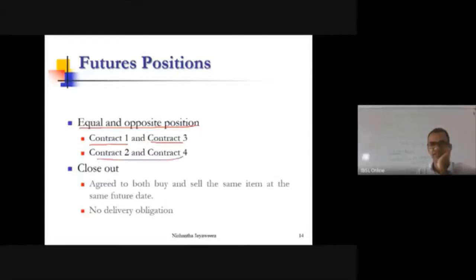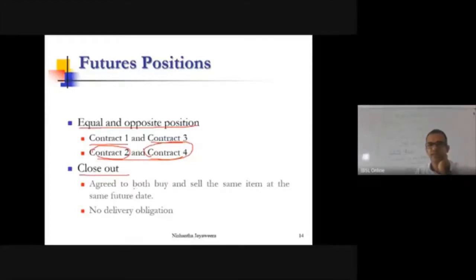And contract 2 and contract 4 are also equal and opposite positions. Contract 2 is a futures contract on oil December delivery. Contract 4 is also on oil December delivery, but the difference is in this you bought, in this you sold. So equal amounts, not only different amounts, equal and opposite positions. So what does it mean by close out?